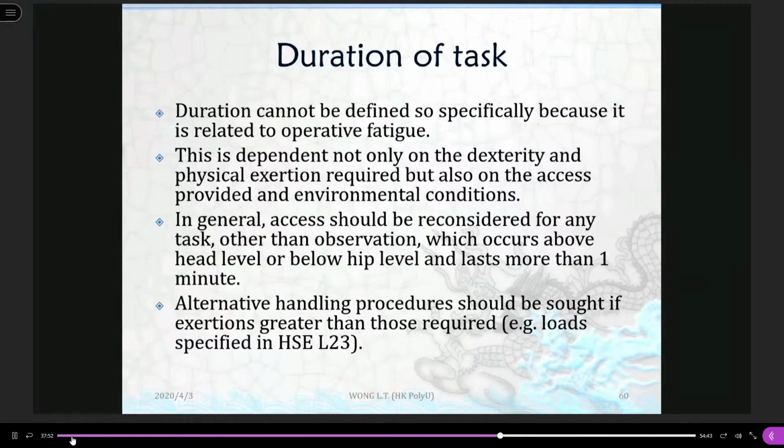In general, access should be considered for any task other than observation which occurs above head level or below hip level, and for work that lasts more than 1 minute, which needs more space. So we have some reference for the duration. Alternative handling procedures should be sought if other requirements or laws specified before apply.